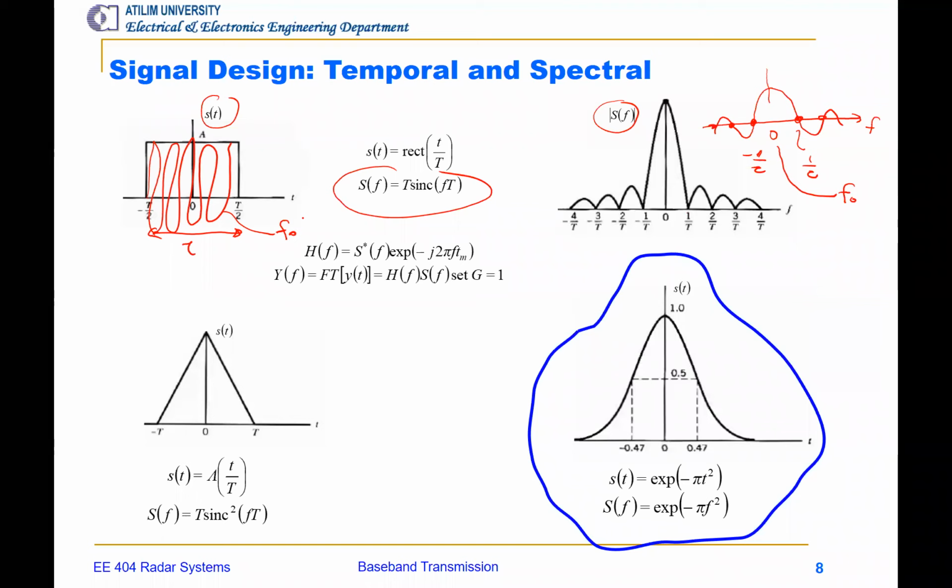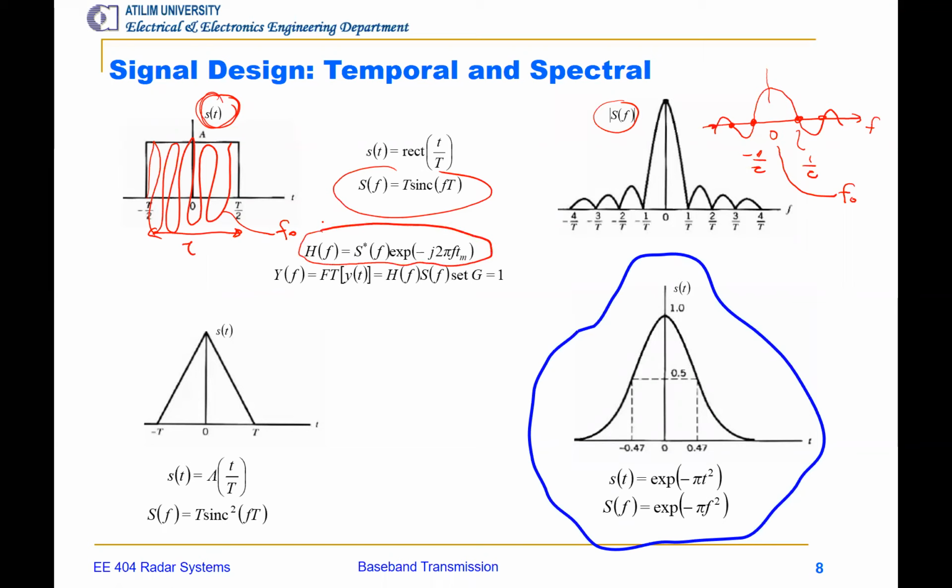Now, suppose that I would like to use such a waveform, and what will happen in frequency domain, or is this the most appropriate waveform to be used in radar signals? Let's try to understand this. Once I choose this signal, I automatically choose the filter actually, right?